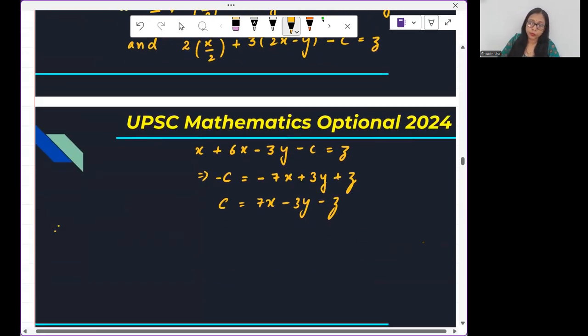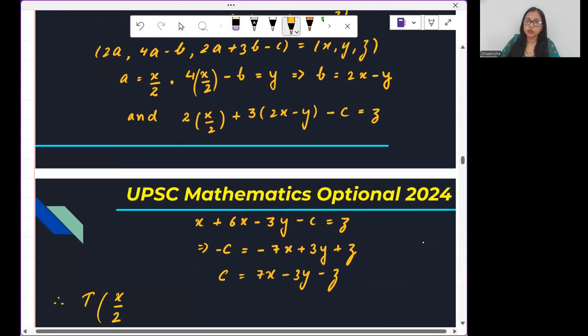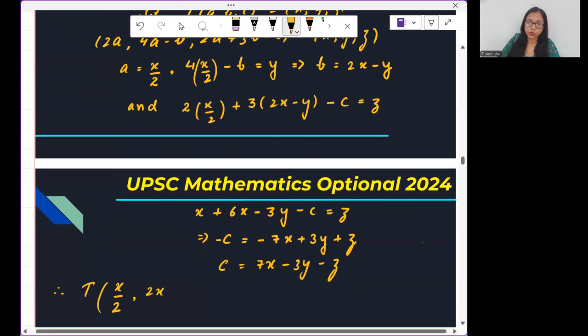So therefore, T of, what is A? A is x by 2, right? T of x by 2, 2x minus y and 7x minus 3y minus z is going to be x comma y comma z. All right.